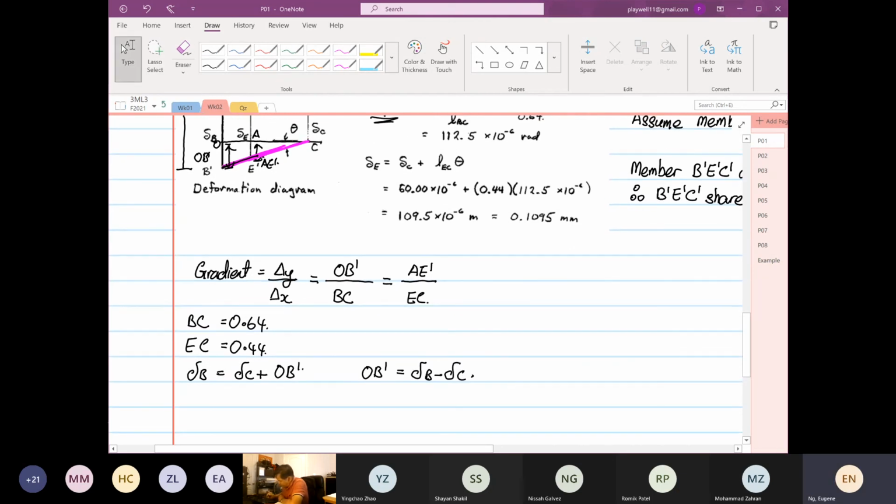Then for AE prime, the deflection of E is equal to the deflection of C plus AE prime.